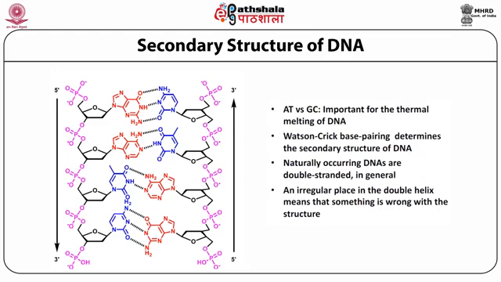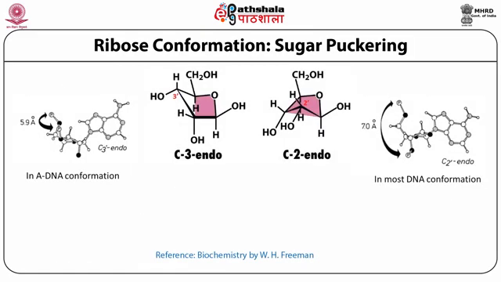That means we can actually understand that something is wrong with the sequence in the structure. So let's look at the ribose conformation, also called sugar puckering. There can be two different types of conformation present in ribose sugar. You can see that the carbon adjacent to oxygen is numbered as 2, and in the first case that can be C3 endo.